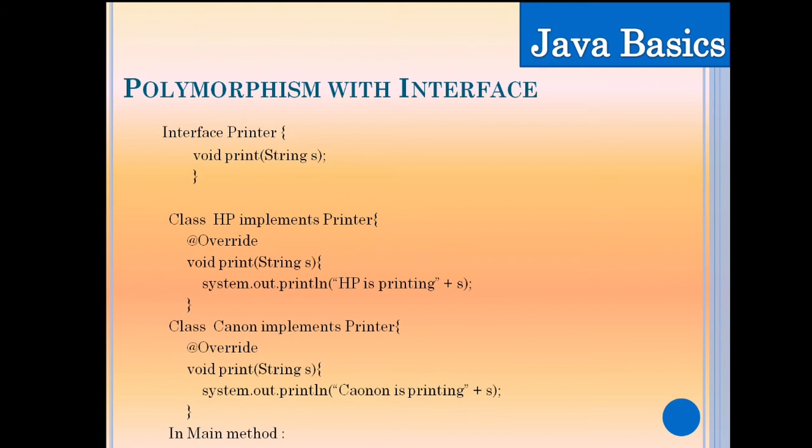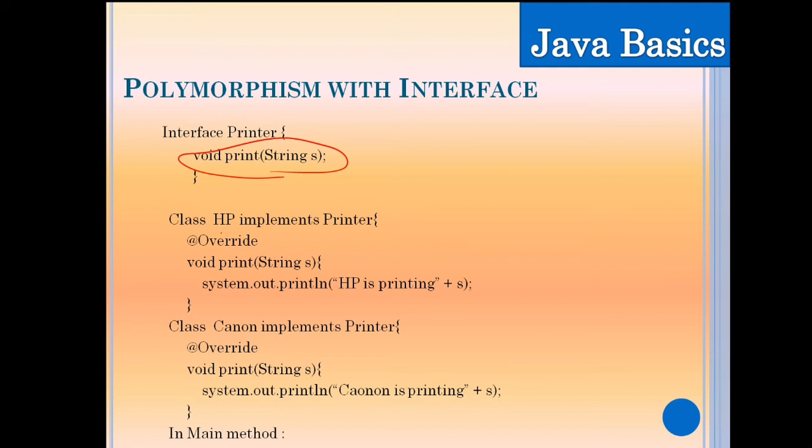I'll give you an example of polymorphism with an interface, how we can achieve pure polymorphism by using an interface. So let's say you have an interface called Printer which prints strings, right? Here there is no implementation because this is an interface, and you need to provide the implementation if you have a class for it.